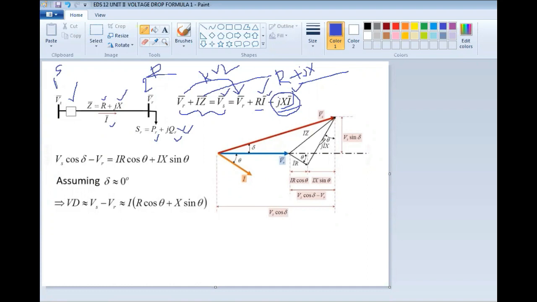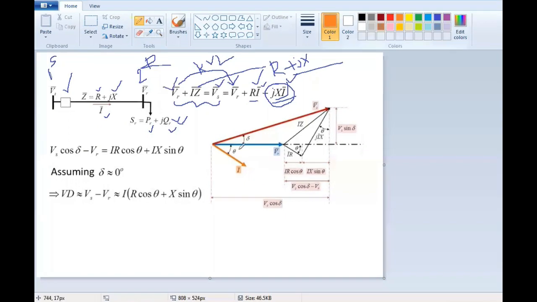Now we want the voltage drop, which is Vs minus VR, the sending end voltage minus the receiving end voltage. This is VR and this is Vs. Vs is greater than VR, but Vs makes an angle delta with respect to VR.